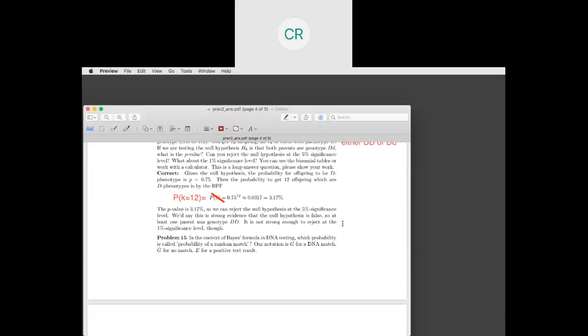And then if you know that one parent actually was the mixed genotype, because the parent has at some point produced the phenotype lowercase d offspring, then you could be sure that the unknown parent is the capital D one, at least with this statistical proof, with this near certainty.